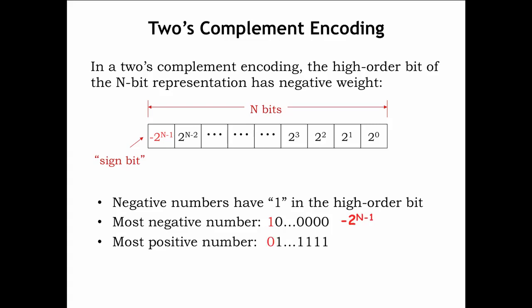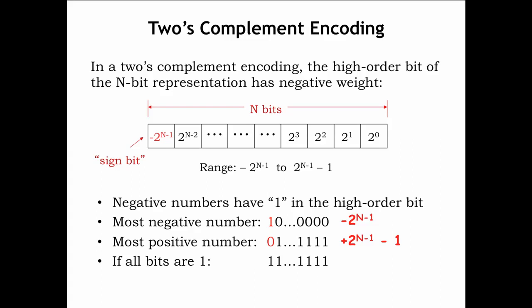The most positive n-bit number has a 0 in the negative weight high order bit and 1s for all the positive weight bits, representing the value 2 to the n minus 1 minus 1. This gives us the range of possible values. For example, in an 8-bit 2's complement representation, the most negative number is minus 2 to the 7th, which is negative 128, and the most positive number is 2 to the 7th minus 1, or 127.